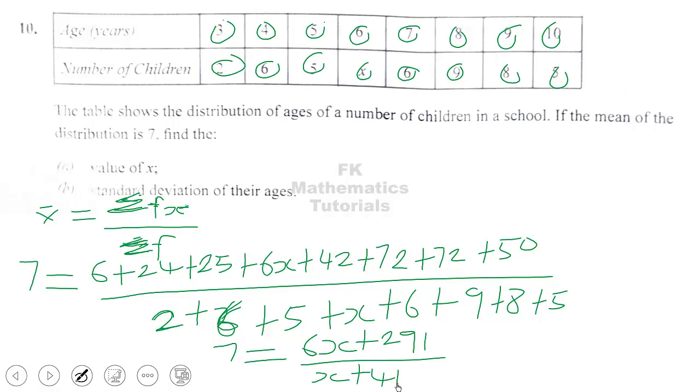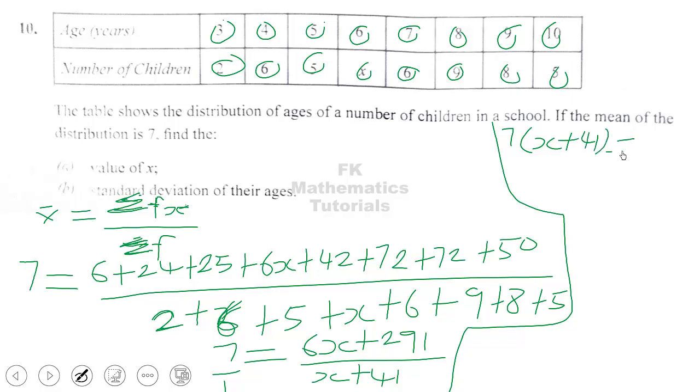So we cross multiply. So 7 times into bracket x plus 41 is equal to 6x plus 291.